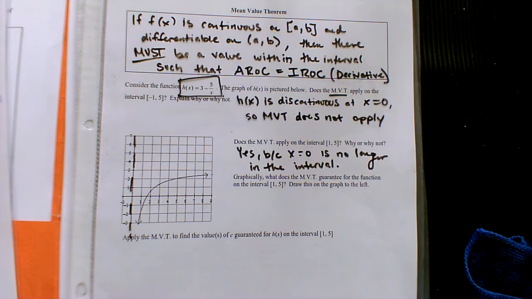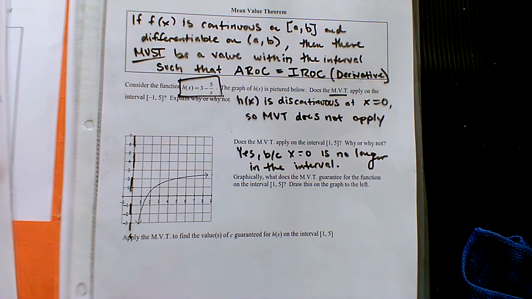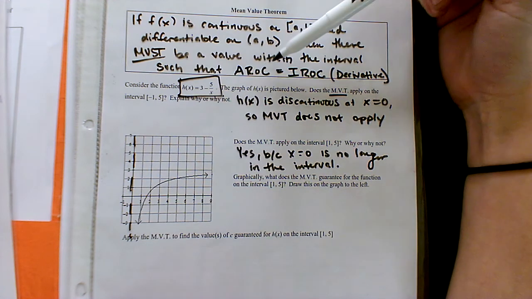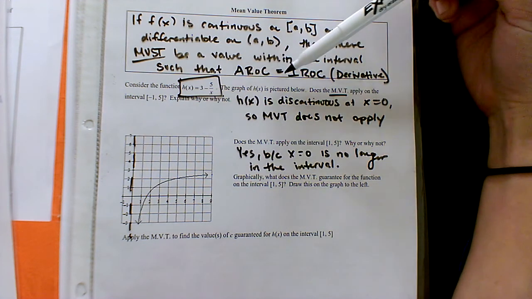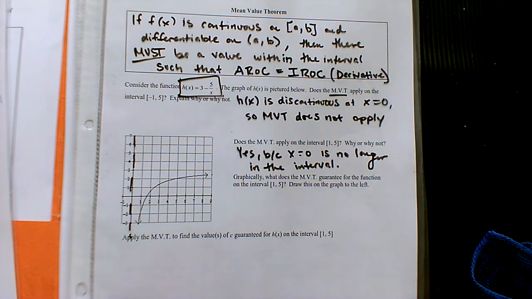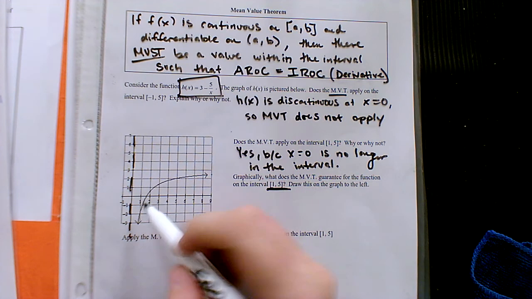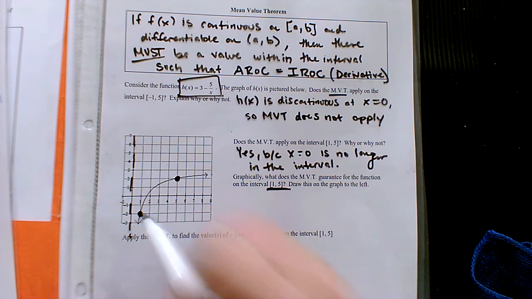So if the mean value theorem does apply on this interval from 1 to 5, we're going to try to draw graphically what that looks like over here. Somehow we would need to show how the average rate of change on this interval is equal to a derivative at some point. So if you were to draw a secant line through 1 to 5, here's the point at 1, here's the point at 5.